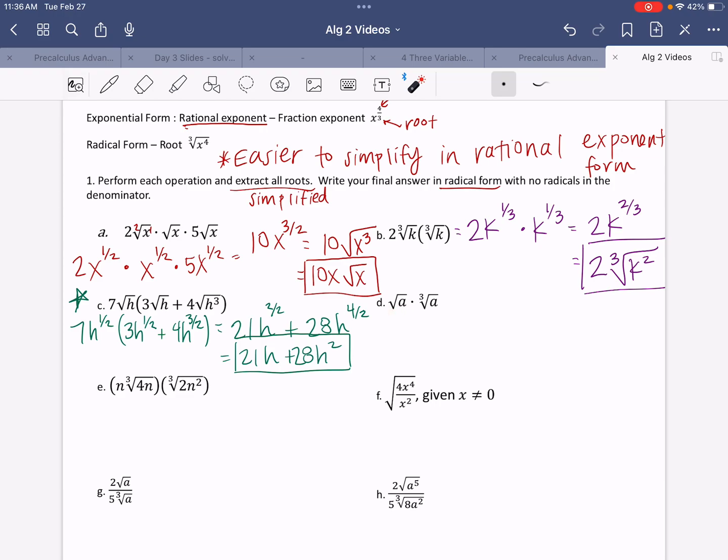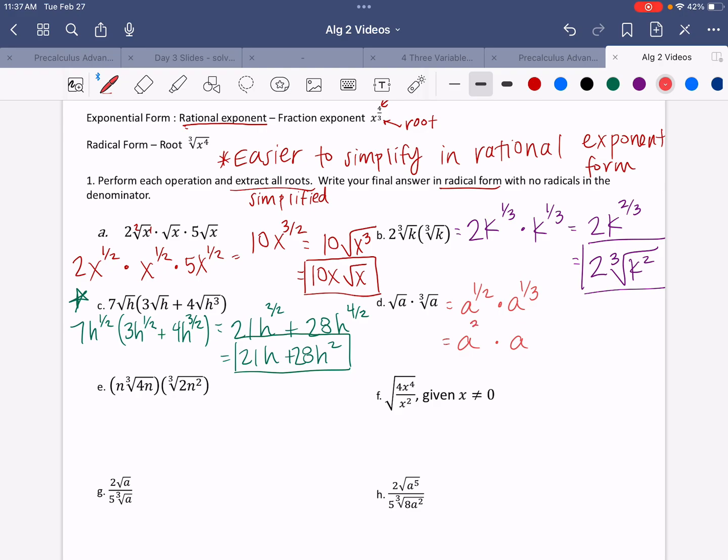So let's try D. D says we are going to do the square root of a times the cube root of a. On this one, you must convert them into fractional exponents. So a to the 1/2 times a to the 1/3. And now we know when we multiply two terms with exponents, we have to add their exponents, which means I need a common denominator. So 1/2 and 1/3 could become sixths.